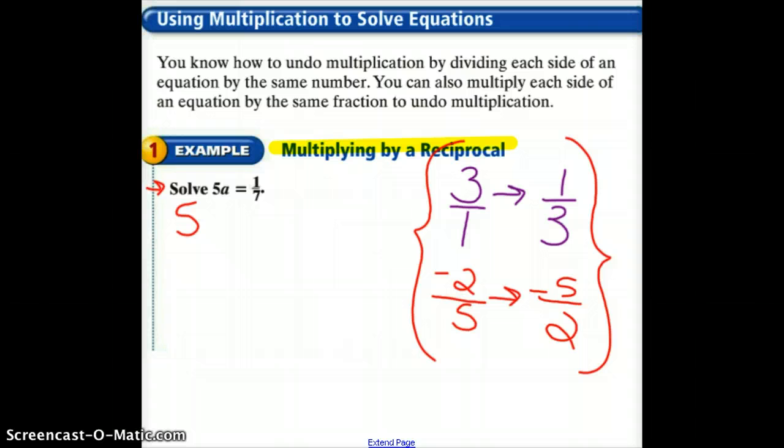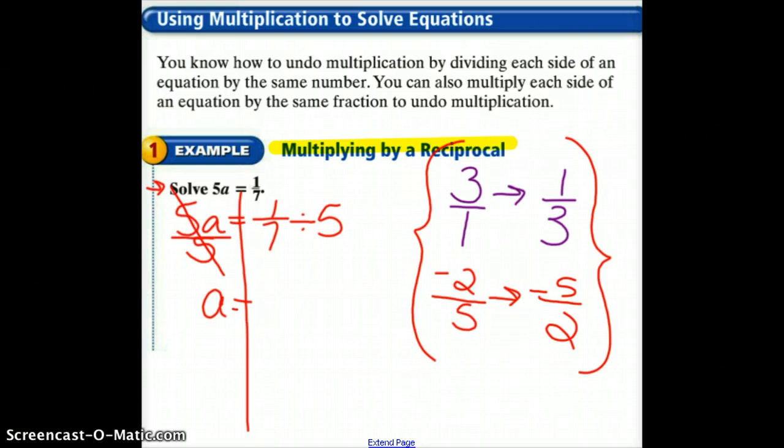Solving 5 times a, that's what's going on when the letter and number are right next to each other, equals 1/7. To get rid of this 5, I'm going to divide by 5. And what I do to one side, I'm going to do to the other. My 5's cancel, I'm left with a. Here's where this reciprocal comes in, and it's something new for dividing fractions we haven't talked about yet.